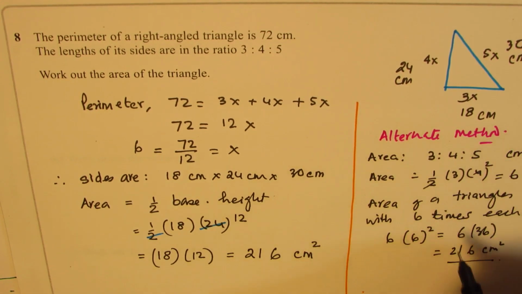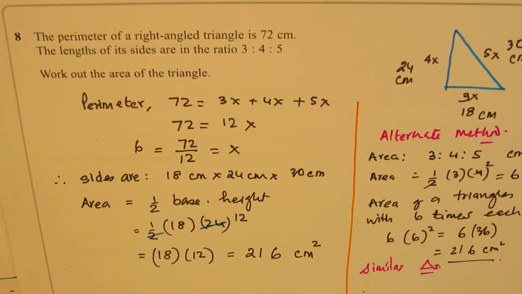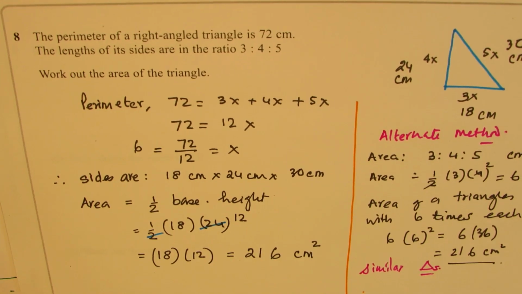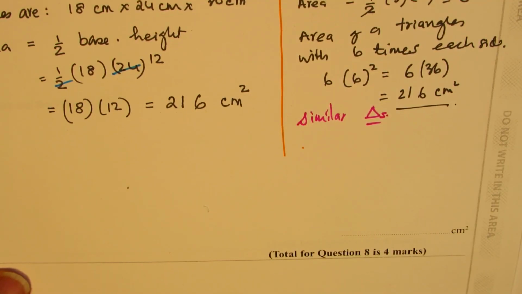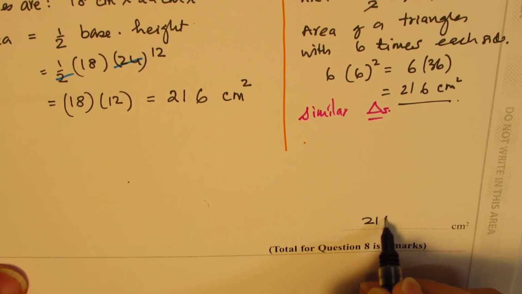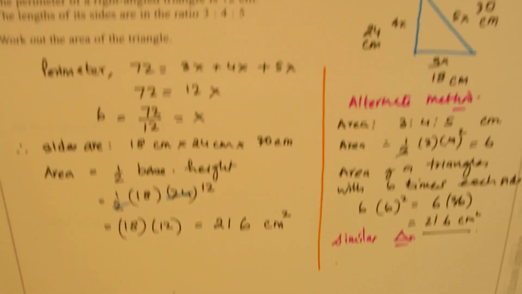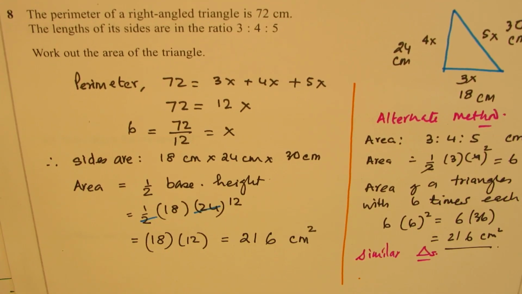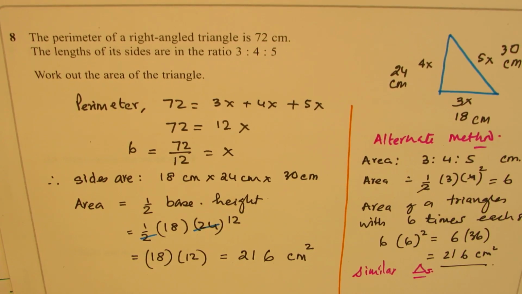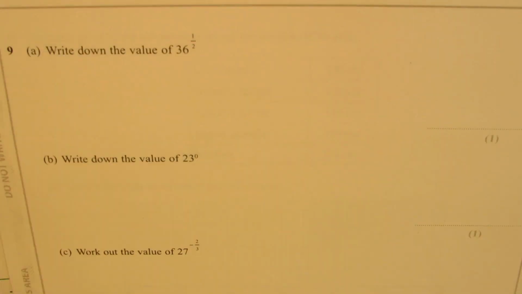So you could do this with similar triangles. So here we use the concept of similar triangles. Is that clear to you? But either way, we get the same answer, which is 216 centimeters squared, correct? So that is how you're going to answer this question. So I hope it is absolutely clear.